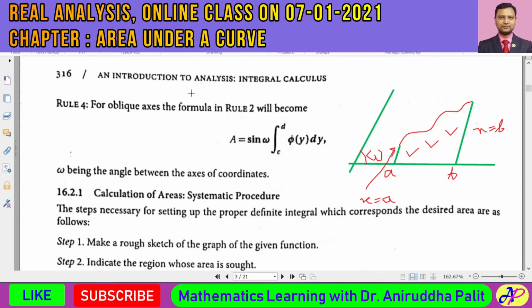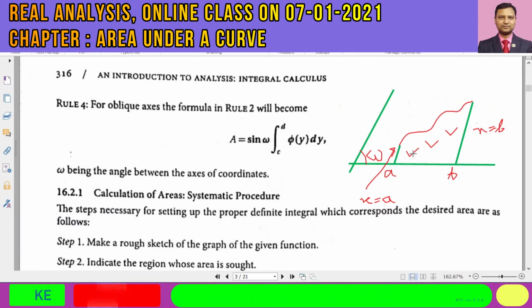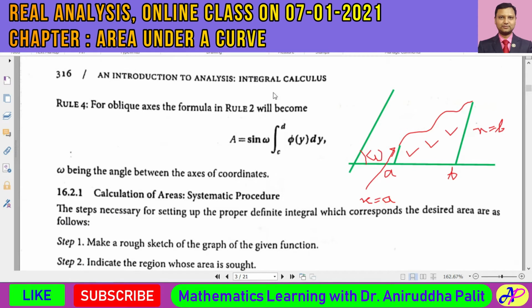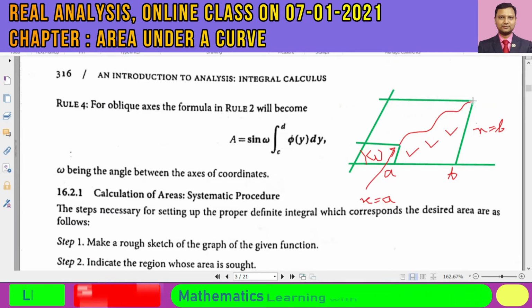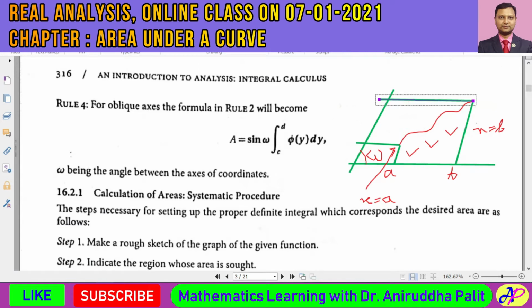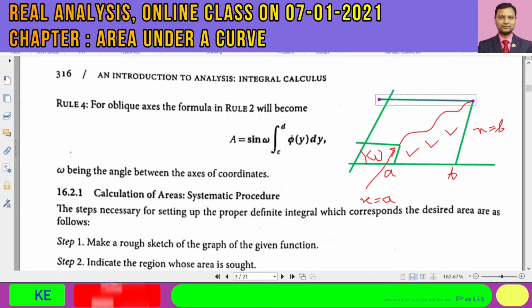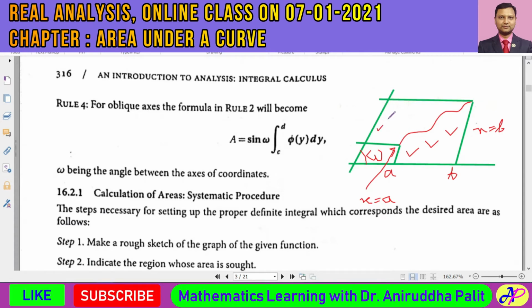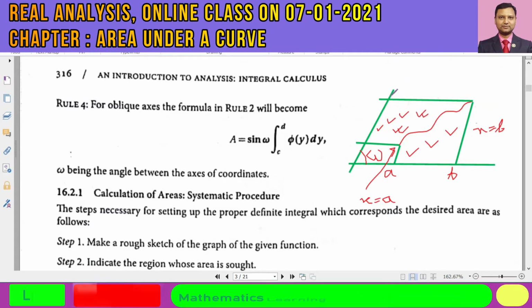Now over here, suppose you want to find the area under these two curves. Suppose you want to find out this much area. That means the area bounded by the y-axis.